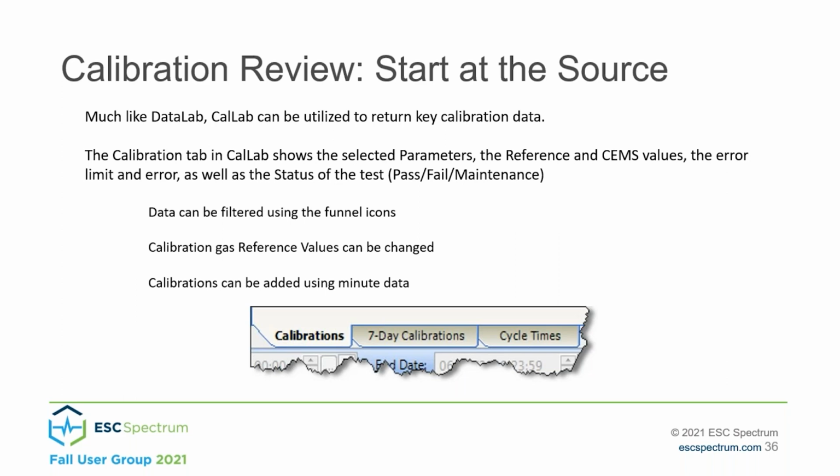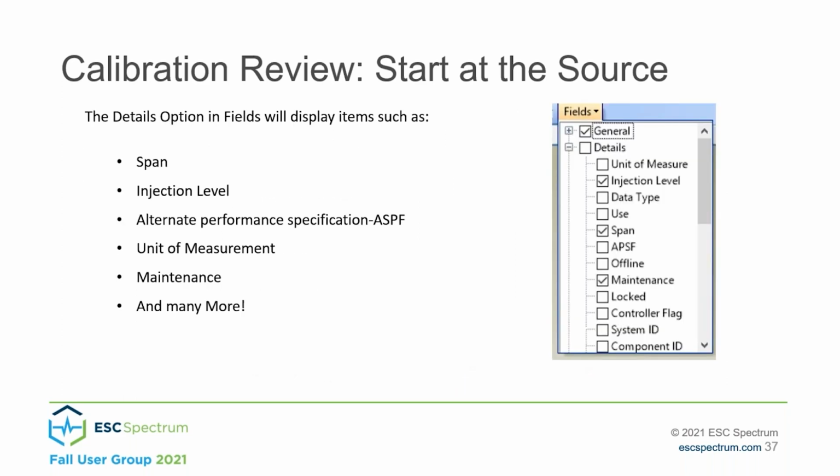But different between DataLab and CalLab is calibration gas reference values, injection levels, anything that's calibration related, you can view in a DataLab format in CalLab. A lot, if not most, of the tools that I went over in the DataLab section pertain to the CalLab section. So just keep that in mind. I put some differences between DataLab and CalLab on the screen.